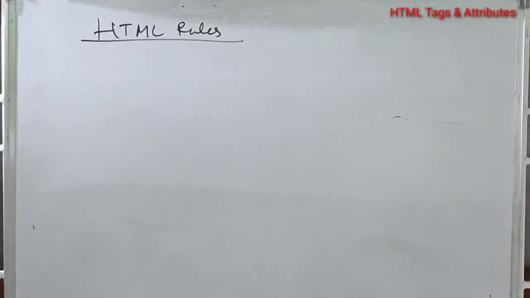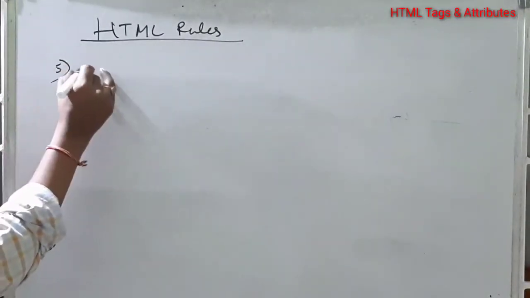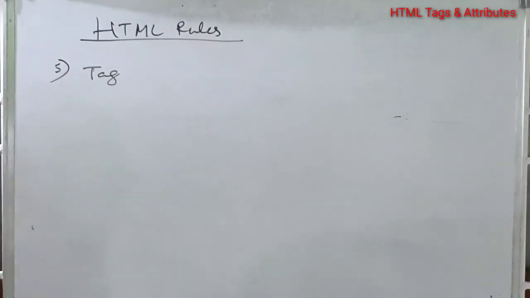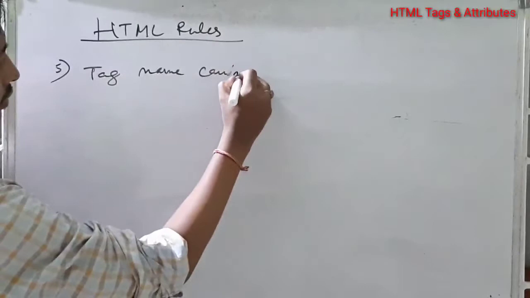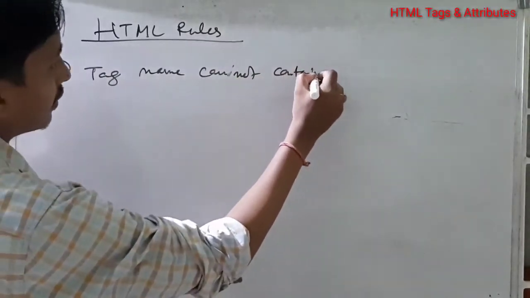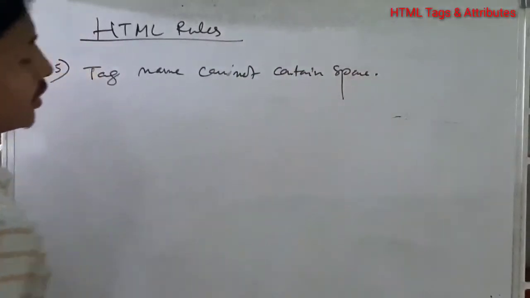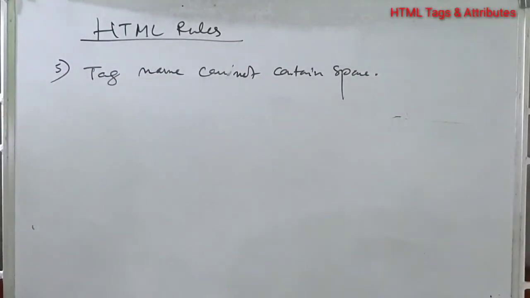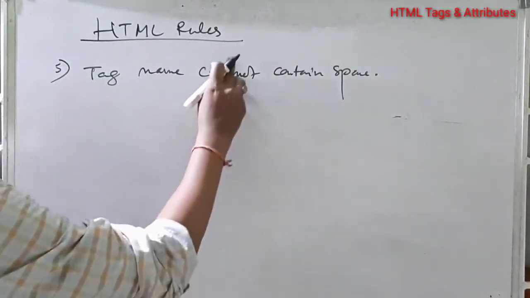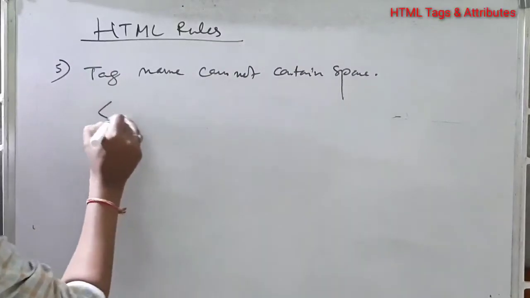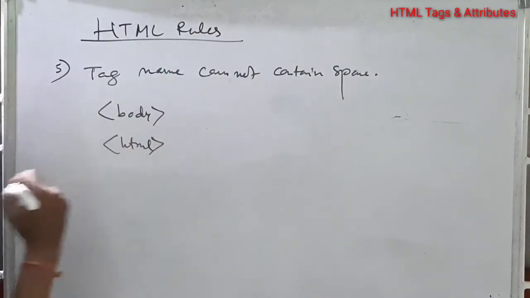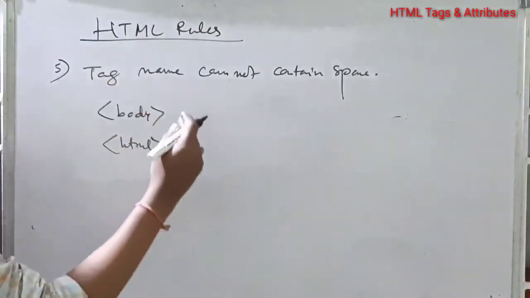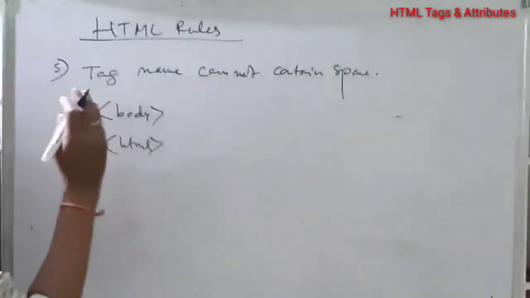Number 5 rule is: tag names cannot contain spaces. So tag name cannot contain space. The tag means what? Body tag, HTML tag. These are tags. You cannot put space within the tag.